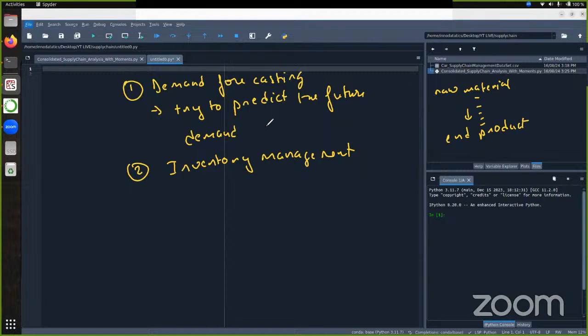So we need to optimize to reduce our cost. Optimization to reduce the cost is a very important aspect. We will focus on optimization of inventory management. We will also look at these different steps involved from raw material to the end product consumed by the customer, and we will focus on optimization of the supply chain itself.